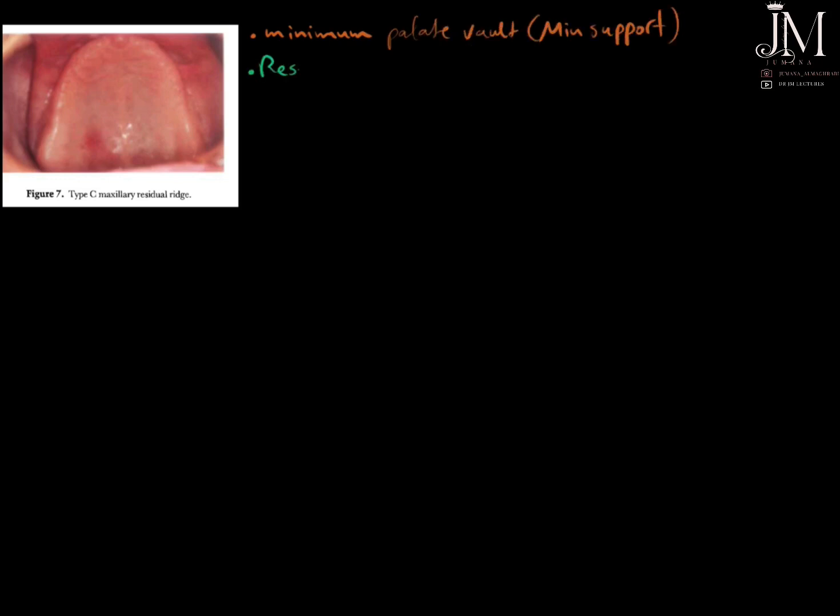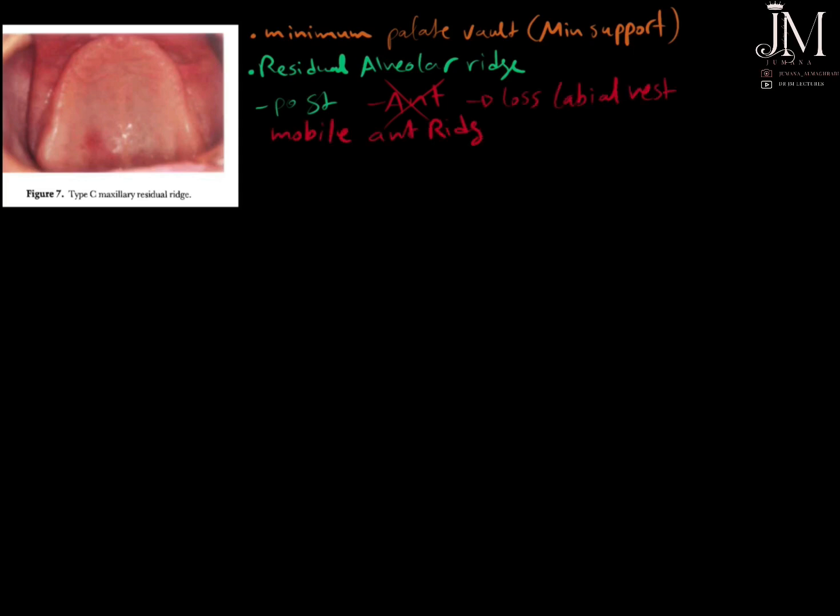In contrast, in Type C there is loss of anterior labial vestibule and a hyperplastic mobile anterior ridge, so the posterior buccal vestibule and palatal morphology offer minimum resistance to vertical and horizontal movement. This gives us minimum support. There is reduction of posterior molar space by the coronoid process during mandibular opening or extrusive movement.